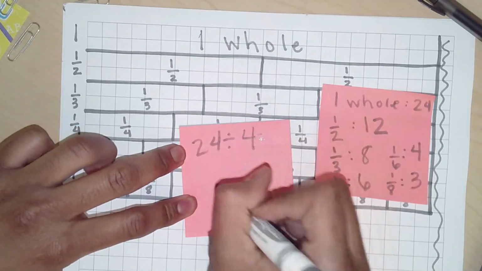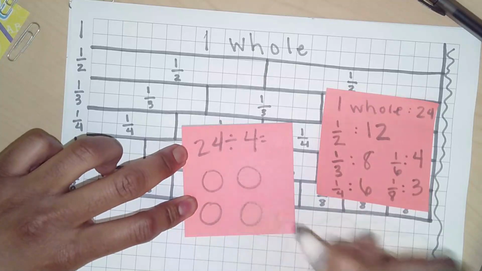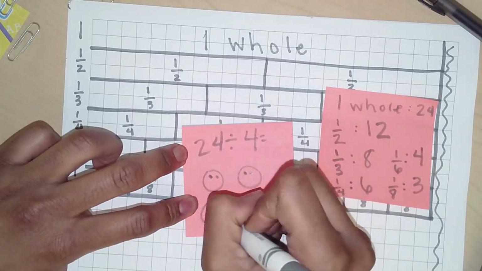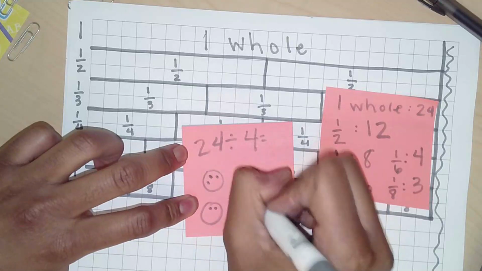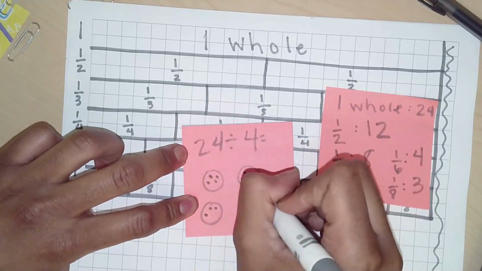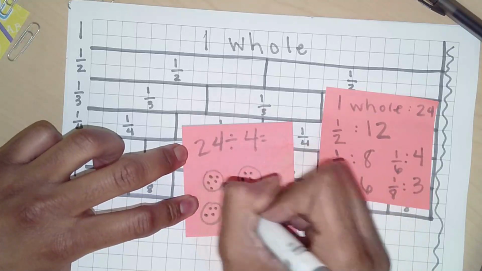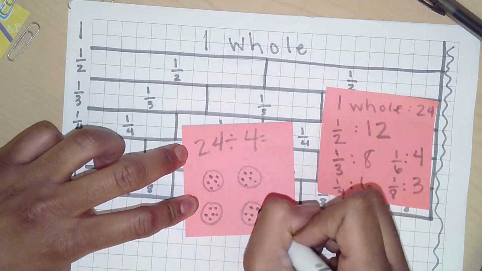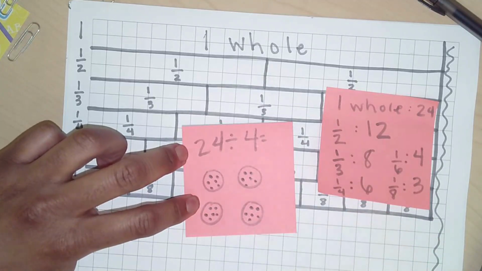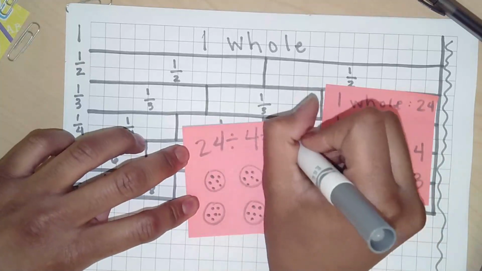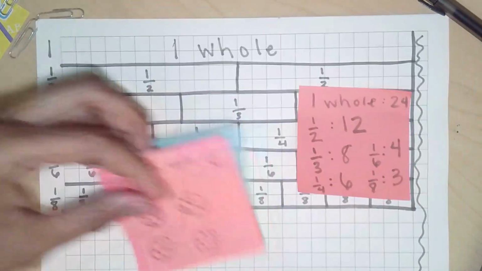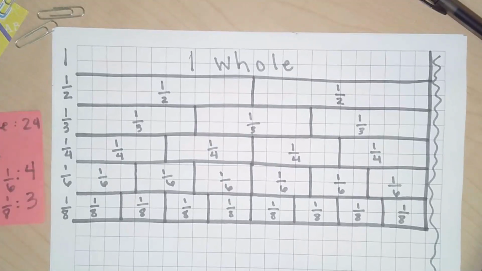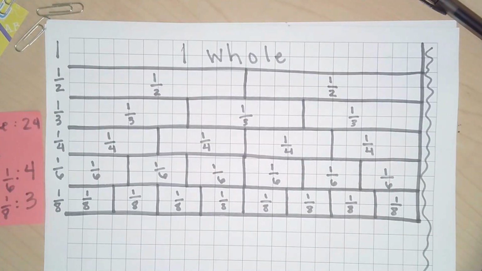And so then they make their 4 groups and then simply start going 1, 2, 3, 4, 5, 6, 7, 8, 9, 10, 11, 12, 13, 14, 15, 16, 17, 18, 19, 20, 21, 22, 23, 24. And so they know that they're going to need 6 squares in each one of those for fourths. Alrighty. And so that was just some practice that we did in class that you might see on the back of their work. Alrighty. So that's all the numbers that we need.